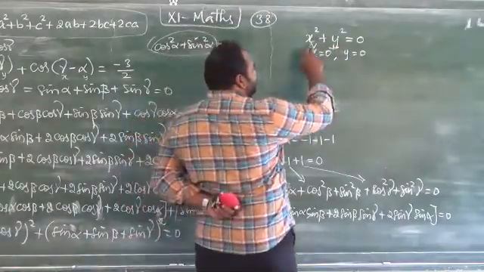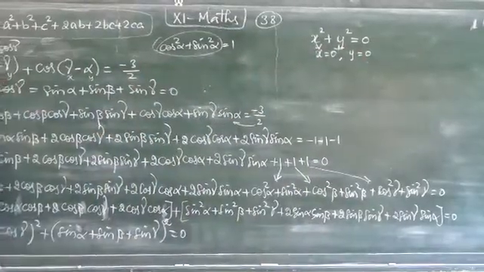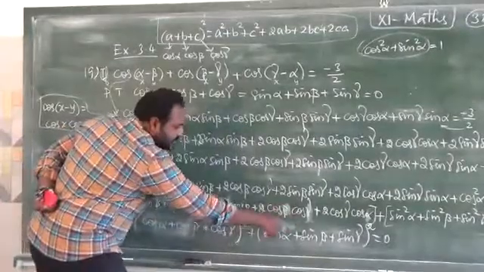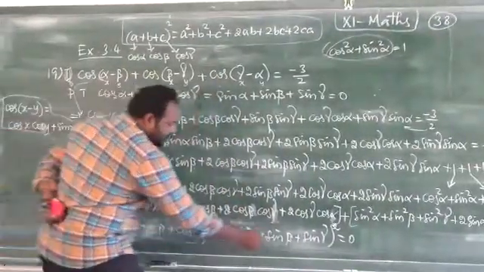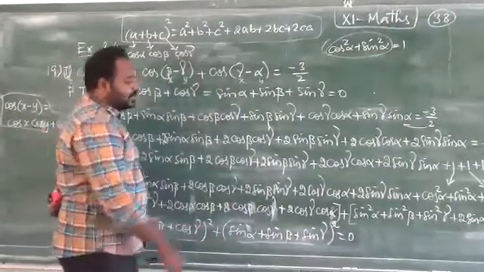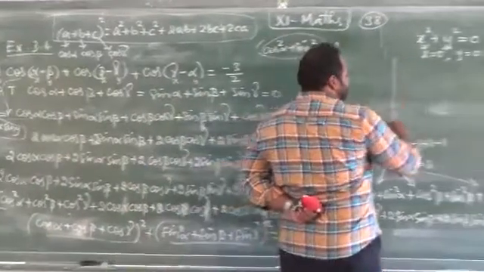Here also the same format: sum of the squares equal to 0. We can write this term equal to 0 and this term equal to 0. Then only we can have the answer 0.